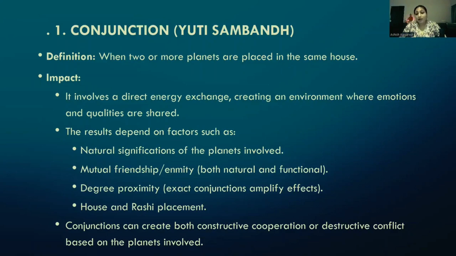If tight, the energy exchange is deep-rooted, with planets sharing emotions and qualities. The outcome, good or bad, depends on their natural significations, relationship, placement, degree proximity, and impact.